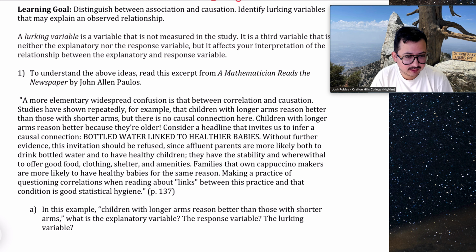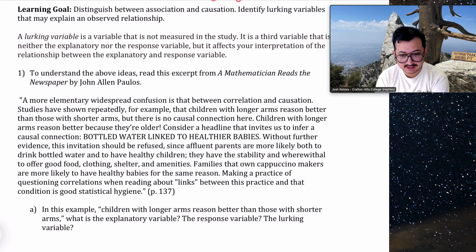Without further evidence, though, this invitation should be refused, since affluent parents, affluent means wealthy or rich, since affluent parents are more likely both to drink bottled water and to have healthy children. They have the stability and wherewithal to offer good food, clothing, shelter, and amenities. So it's not that it's the water causing the healthier babies, but these babies are healthier in general because they are more likely to be in a wealthier family.